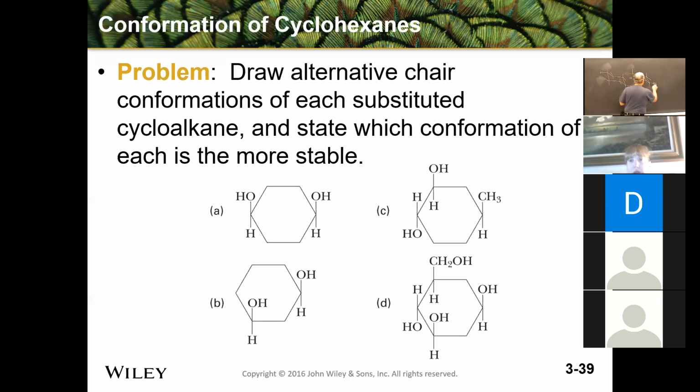I'll put the methyl on top. We have an alcohol on 3 and one on 4, if I'm calling this number 1. So 1, 2, 3, and methyl's on top, so the alcohol would be on top, and the next alcohol would be on the bottom.